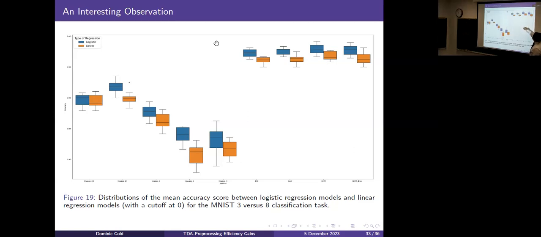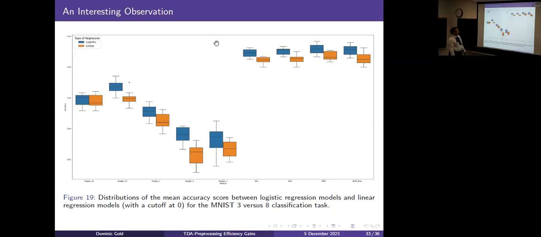Something really interesting to note is that doing linear regression without logistic regression beats all of these non-TDA methods using logistic regression. So even using a slightly more rudimentary approach, this really arbitrary cutoff point, it's still superior in terms of classification accuracy.